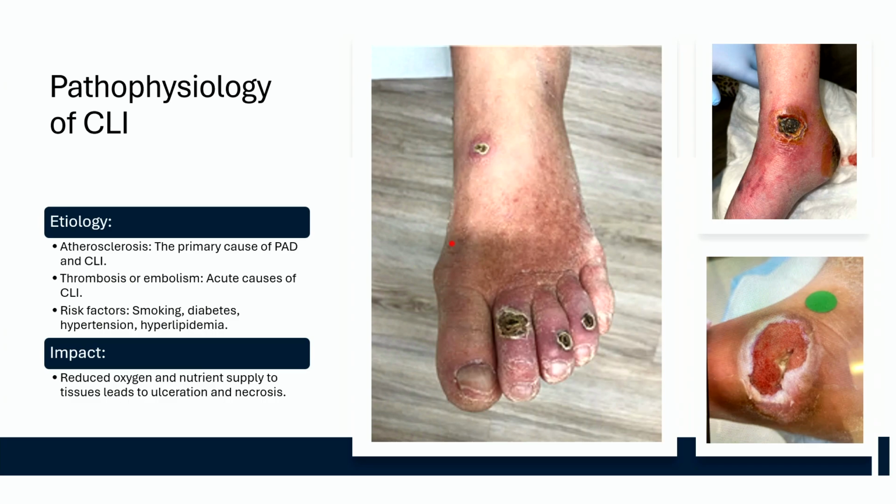I should have said that is what causes more acute causes of limb ischemia, not necessarily acute causes of CLI, but risk factors that a lot of people have spoken on: smoking, diabetes, hypertension, and hyperlipidemia. And the reason this is a problem, there's reduced oxygen and blood supply to the tissues, and that's why there's increased risk of ulceration and necrosis.